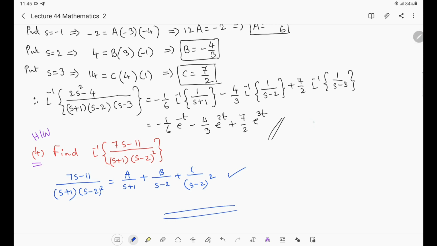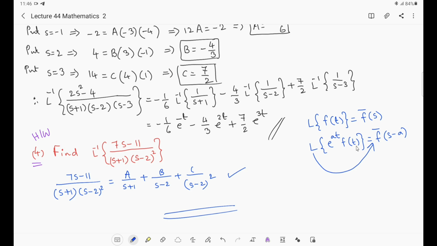The shifting property that we have seen was: if Laplace transform of f of t equals f bar of s, then Laplace transform of e power at into f of t equals f bar of s minus a. Now we will reverse this. So the Laplace inverse transform of f bar of s minus a is given by e power at into f of t. That is the shifting property for inverse Laplace transform.